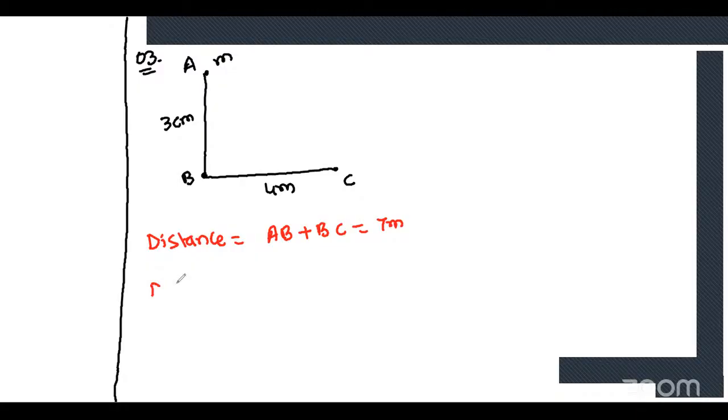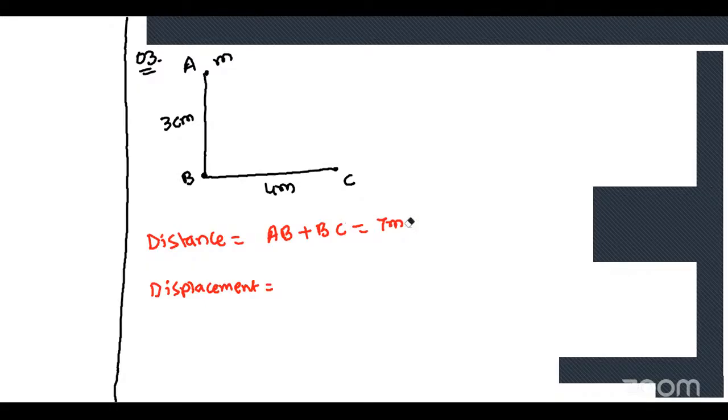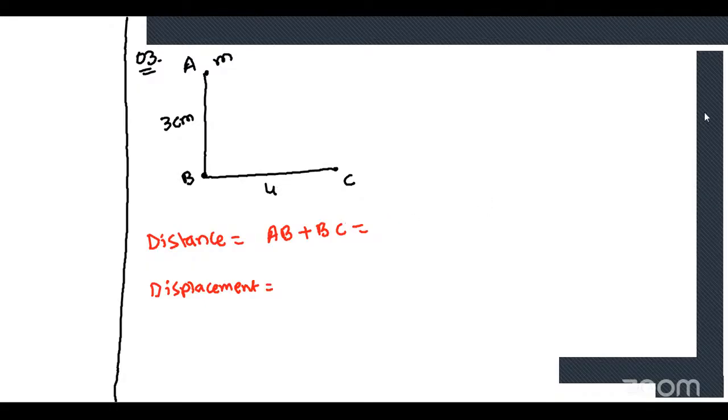Next, displacement. Oh, sorry, the 4 is also centimeters. So 4 centimeter, and the distance will be 7 centimeter. So displacement: here, point A is the initial position and C is the final position.